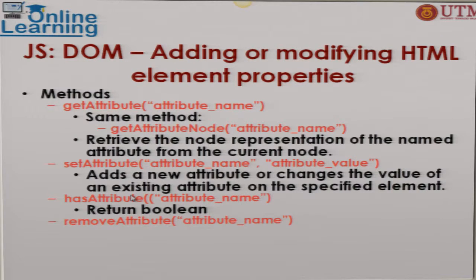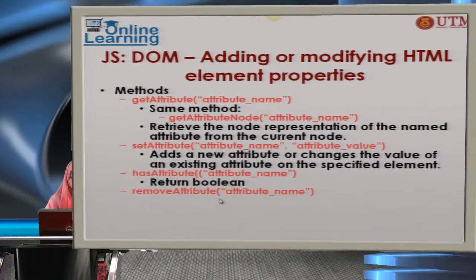The next one is hasAttribute(name), which returns a boolean, and the last one is to remove the attribute. So you have to use the method removeAttribute.